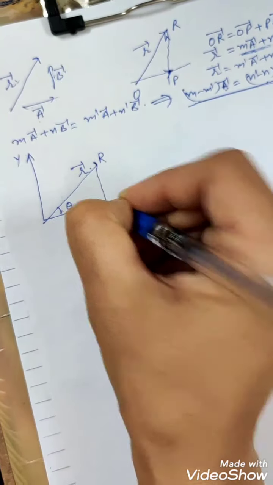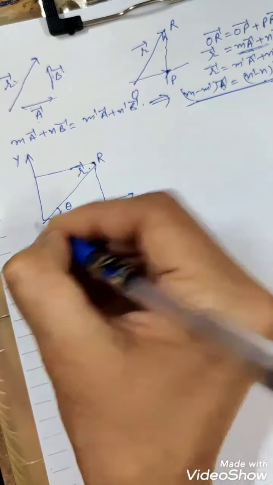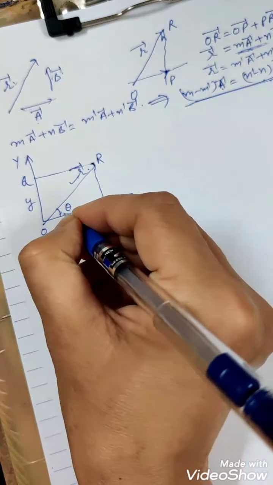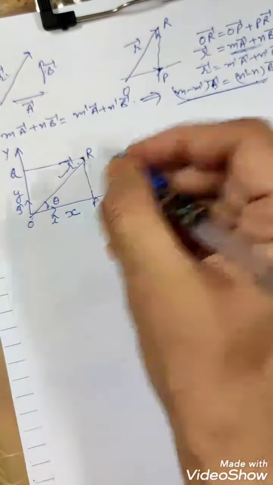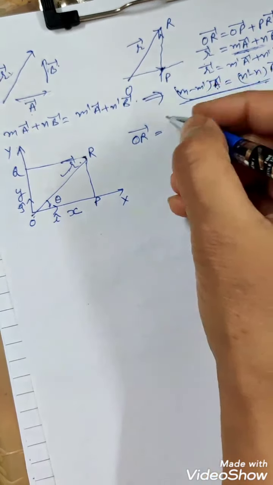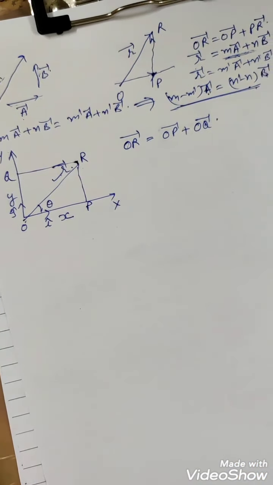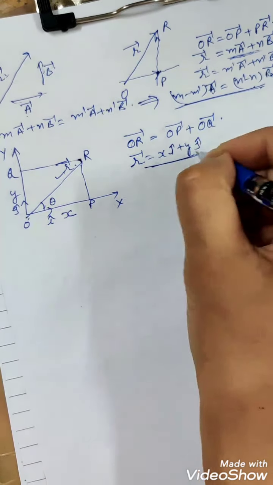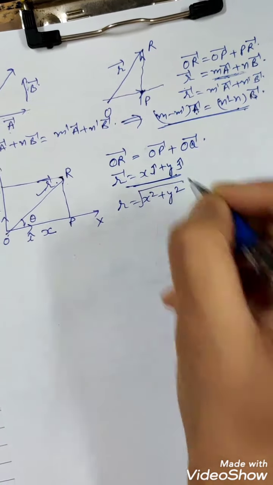If we drop a perpendicular here, with points P, O, and Q, then its magnitude is x, because it is a position vector, and the other magnitude is y. The directions are i cap and j cap. So this OR vector is written as OP vector plus OQ vector using the parallelogram law. Then this R vector is xi plus yj, these are the rectangular components, and its magnitude is the square root of x squared plus y squared.